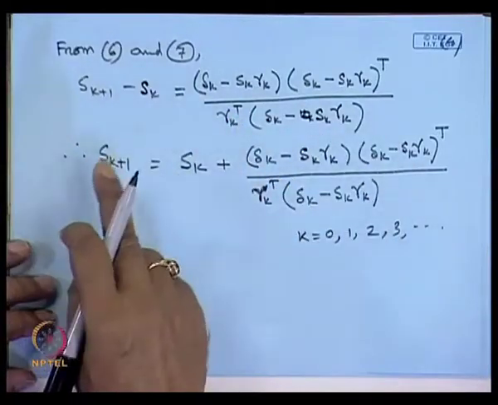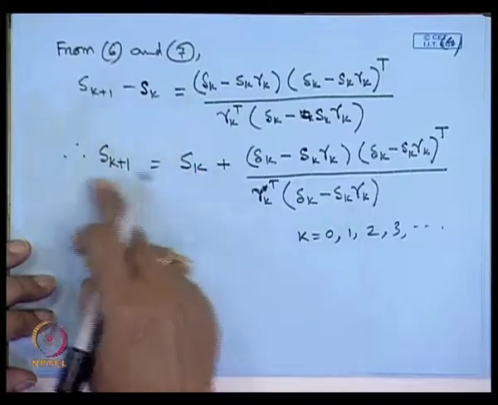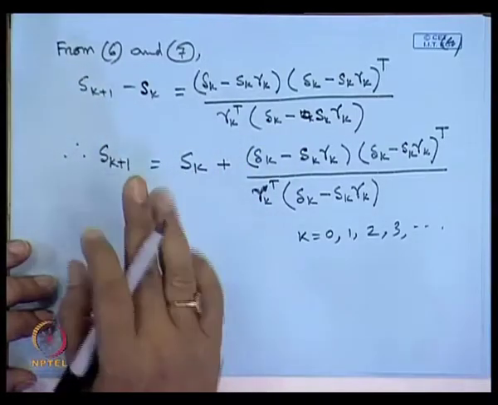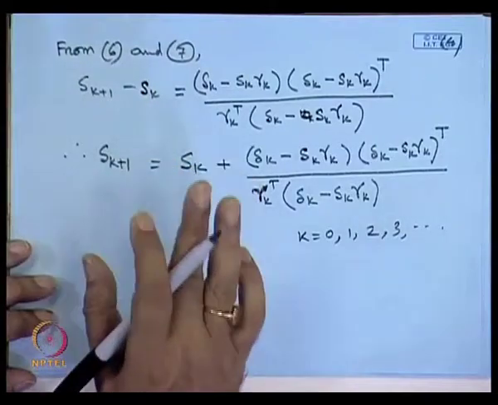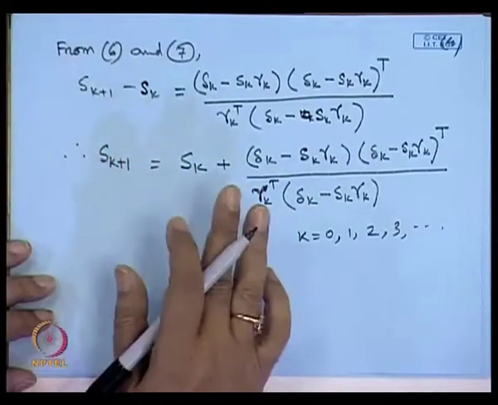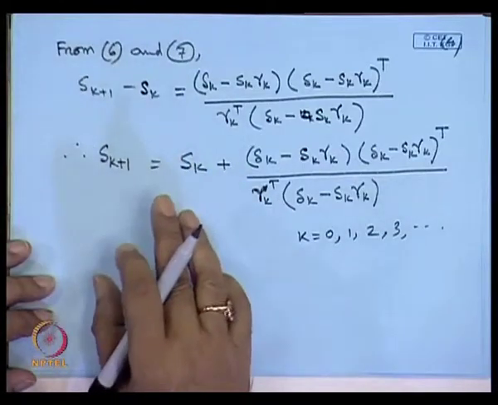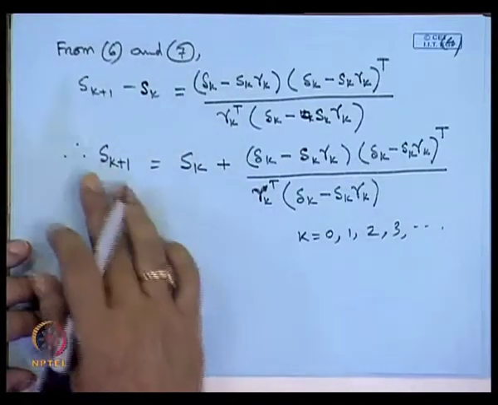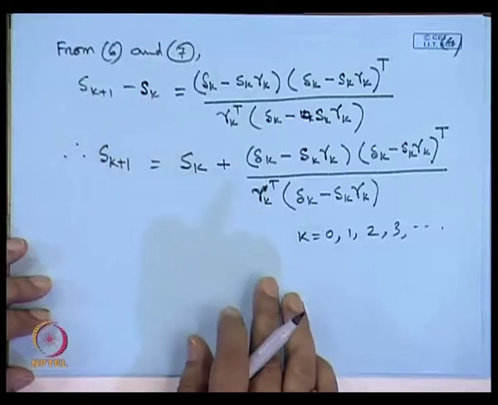When you replace the inversion by a matrix and recursively calculate S_{k+1} in place of inversion of a matrix, we call it the quasi Newton's method. It is like Newton's method only, the difference is the way we are calculating.